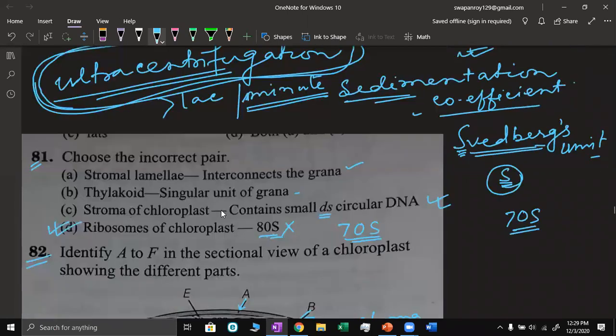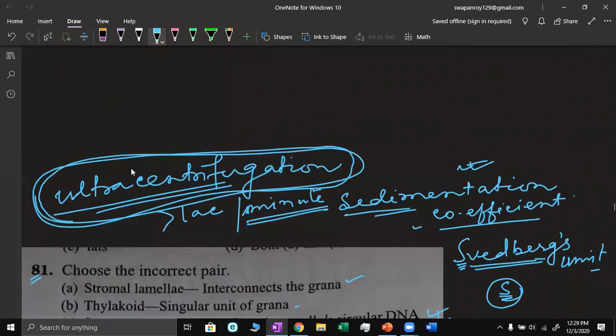Any doubt? This centrifugation is actually a very detailed physical process. By gravity we can separate large substances. I think in chemistry you have studied the separation of substances from a mixture.